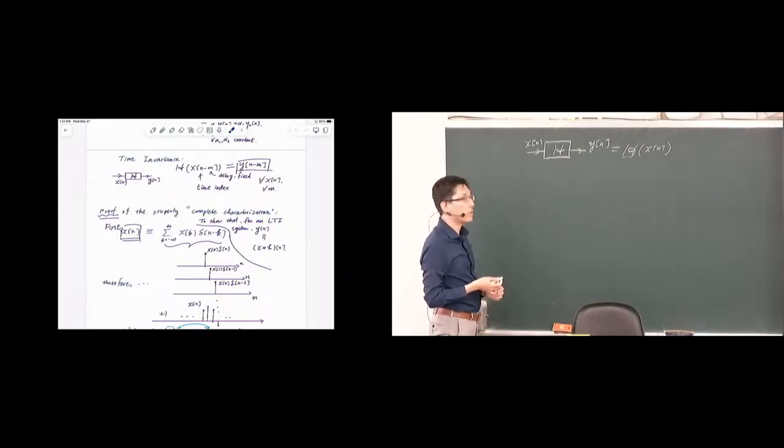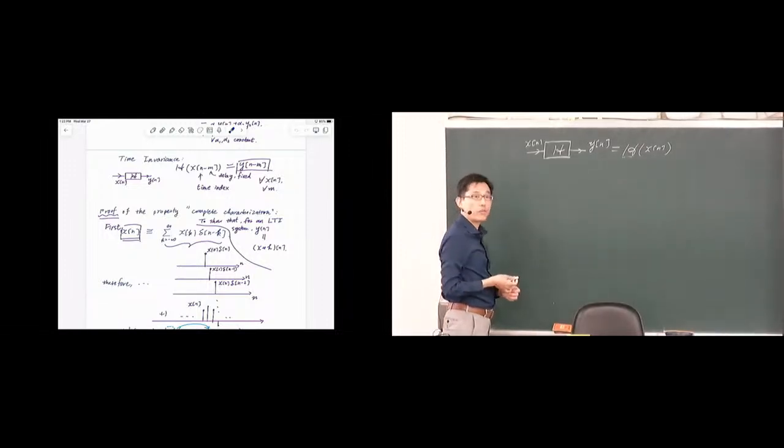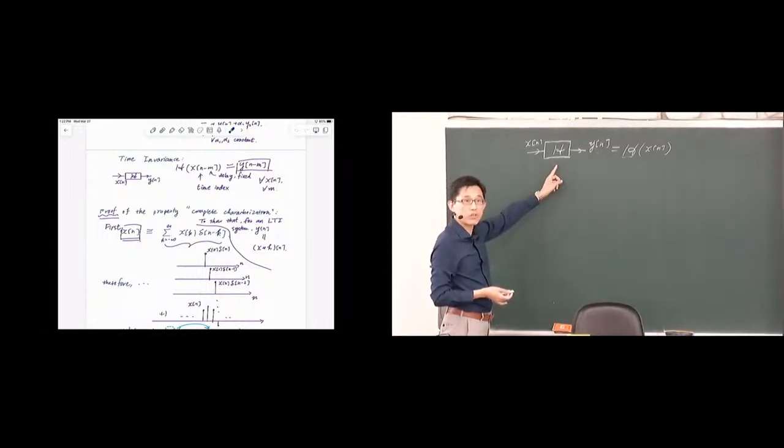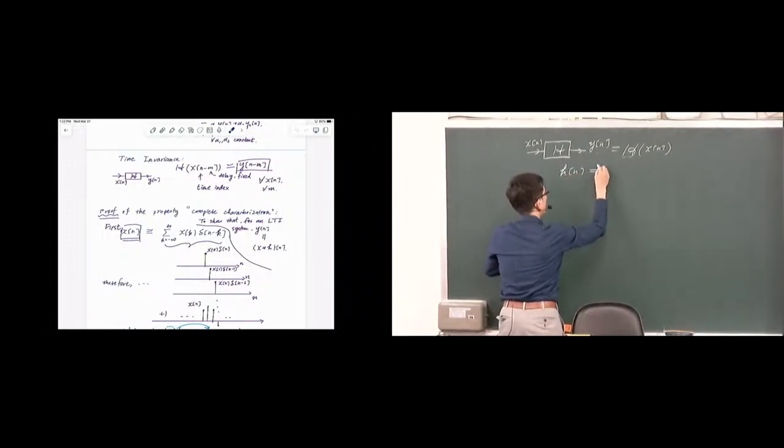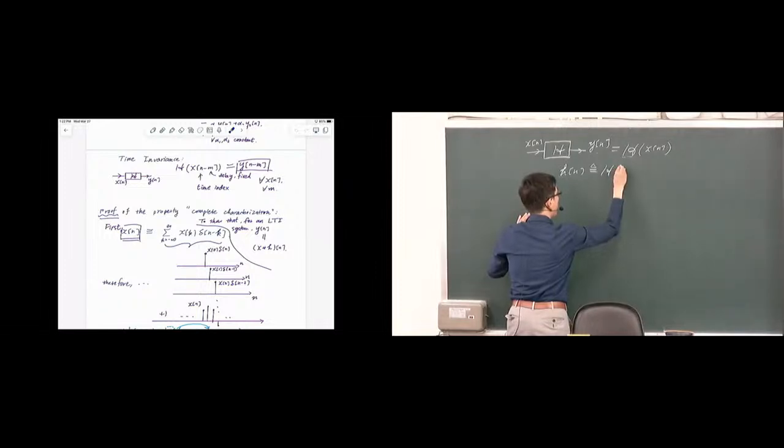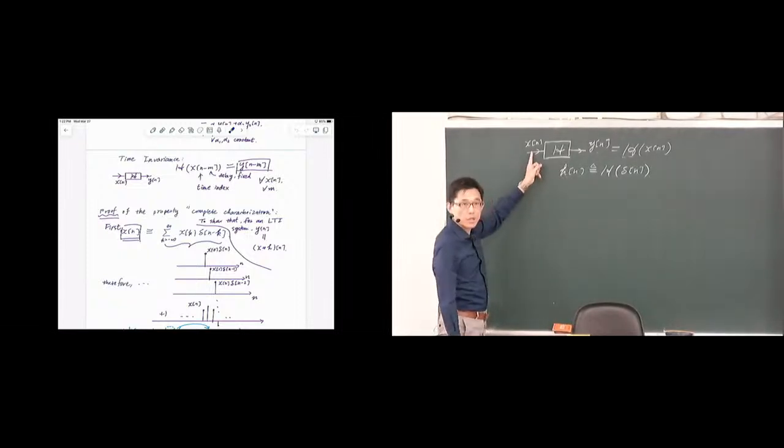Impulse response is defined as the system's response to the delta function. So we say h[n] is defined as the output that the system produces when it receives the delta function as its input. This is our definition of the impulse response.